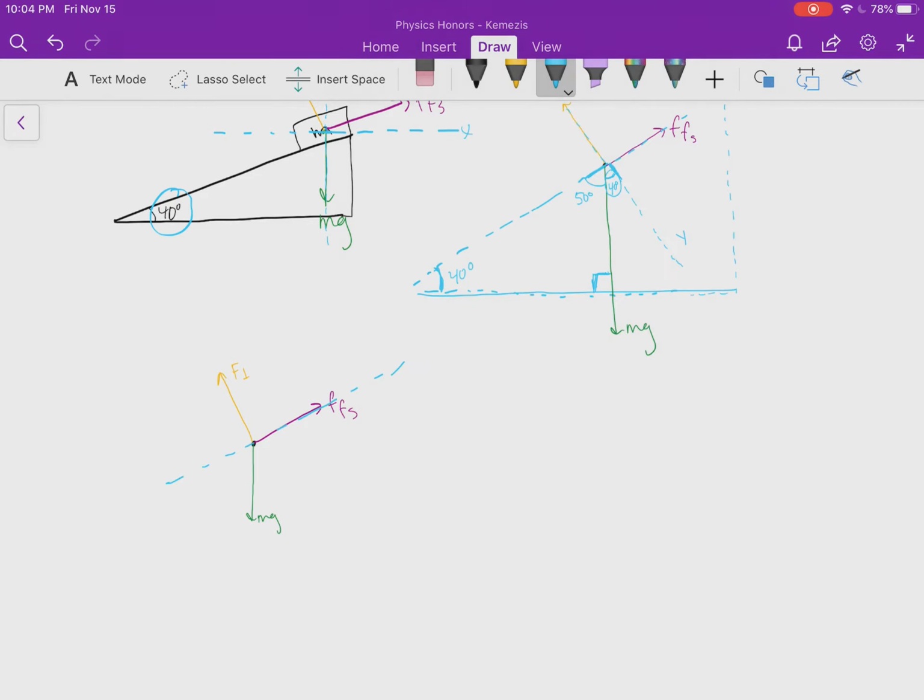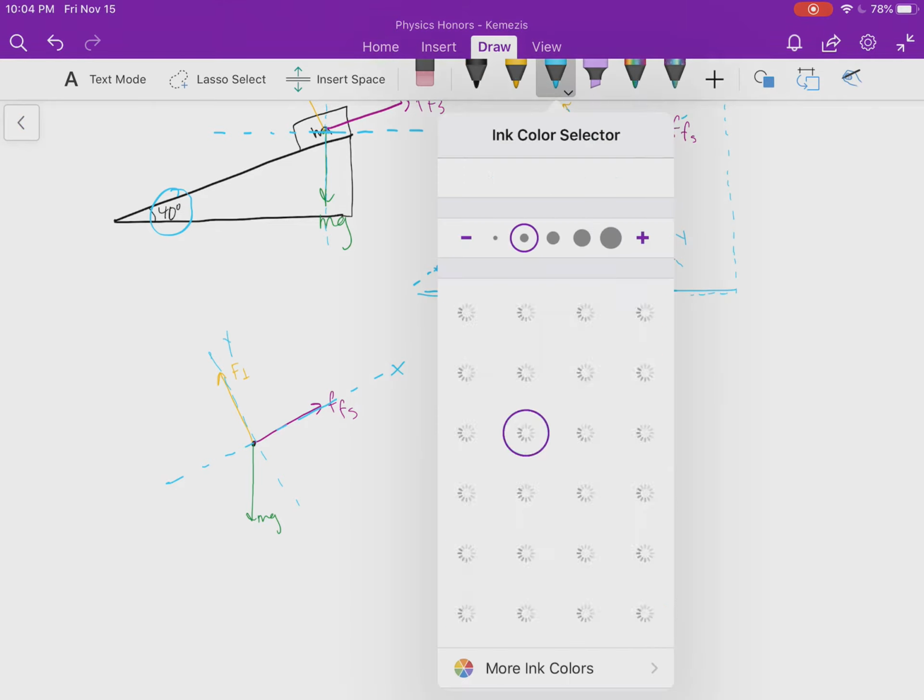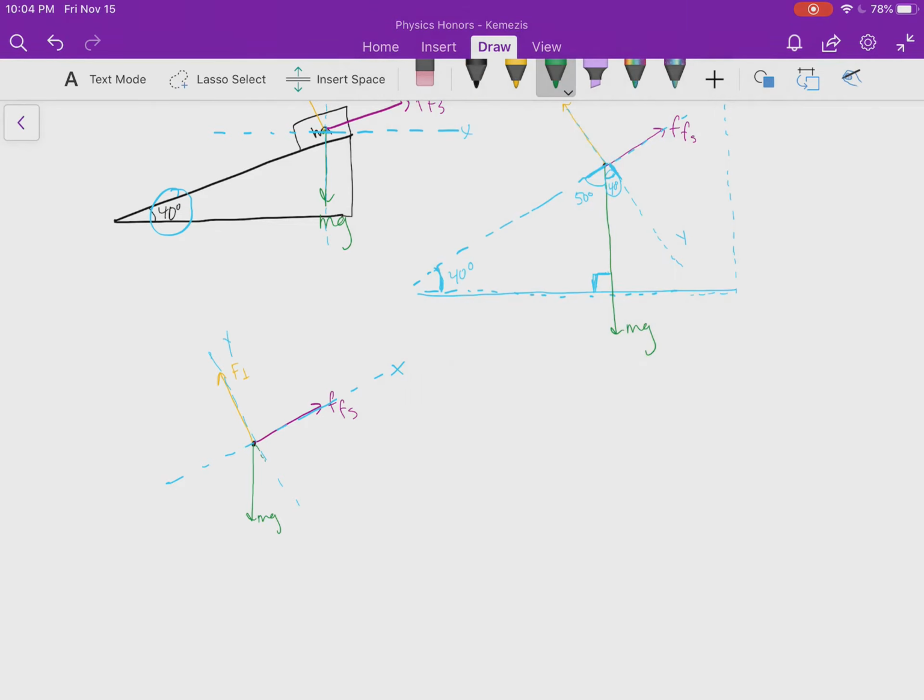And just a reminder for us, you don't have to draw this, but I'm just reminding us what our X and Y are. Okay, so if we do that, we have an mgy and an mgx.